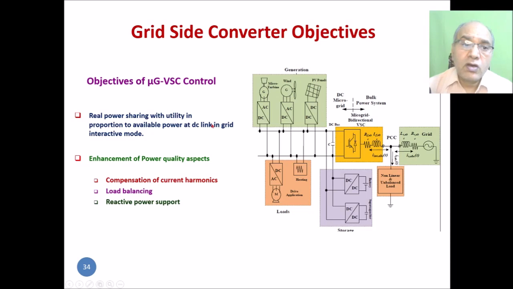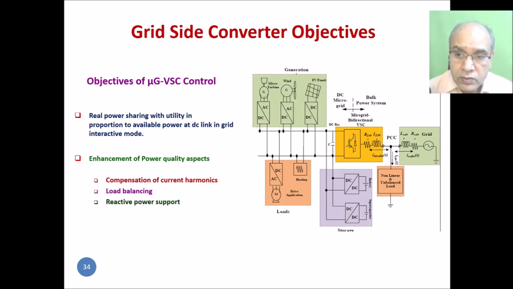Okay, so the objectives of the microgrid side voltage source converter are basically the real power sharing with utility in proportion to the available power at the DC link, and also to enhance the power quality by having features of compensation of current harmonics, load balancing, and the reactive power support.